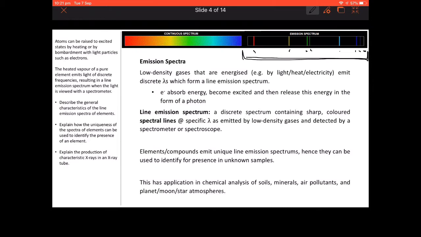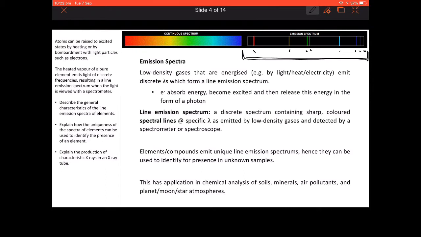These lines are detected by a spectrometer or a spectroscope, which is like a telescope kind of instrument that, when you look through it, separates light into its constituent wavelengths, so the wavelengths that make up a particular light emission.